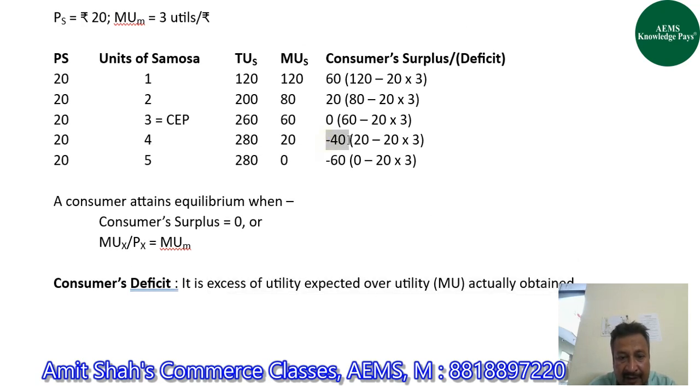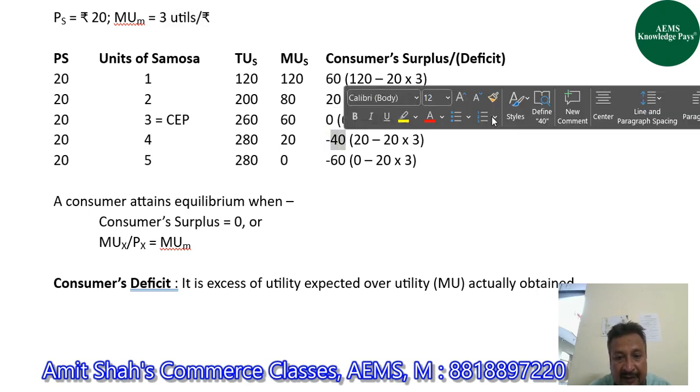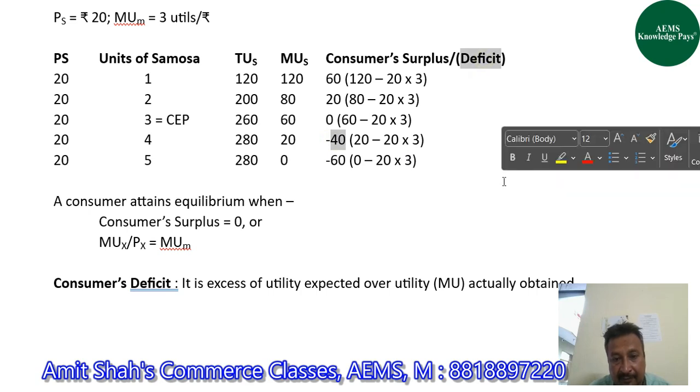Like if you see here, guys, here the consumer spent rupees 20 on one samosa and his MUM was 3 utiles per rupee. It means his expectation is 60 utiles. However, in reality, he got only 20 utiles. So 60 minus 20 is his deficit.